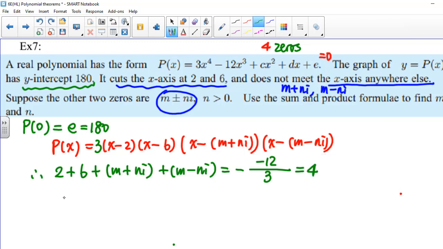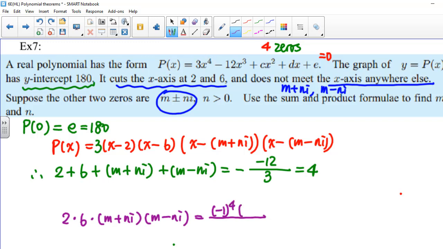And the product of those 4 roots, 2 times 6 times m plus ni times m minus ni, is negative 1 to the power of n. In this case, the n value is 4. The constant term, which is e, and the e value has been found already, which is 180, divided by 3.